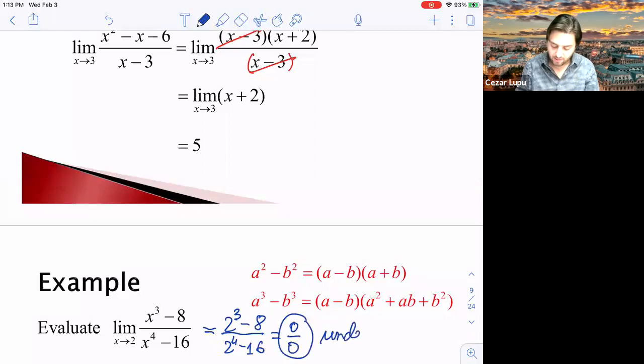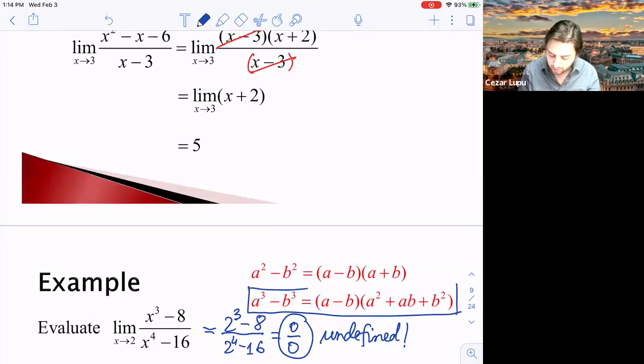This is undefined. So maybe we should use some similar tricks of factoring, but as you can see now, both the top and the bottom can be factored in a very particular way. On the top we have a sum of 2 cubes, because 8 can be written as 2 to the 3rd, and I can use this amazing formula here. Let me remind you from college algebra.